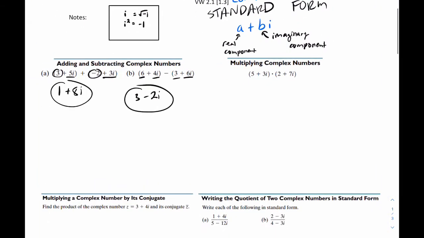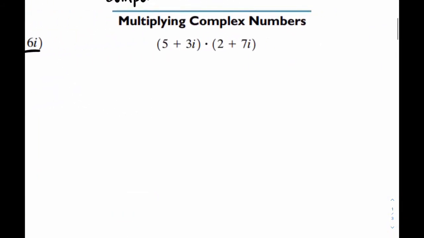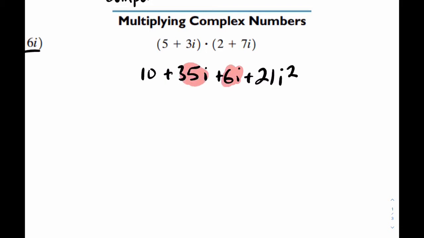Here it gets a little bit more complicated. Let's FOIL that term. That's 10 plus 35i plus 6i plus 21i squared. We clearly see our 6i right here and our 35i right here. So 10 plus 41i.